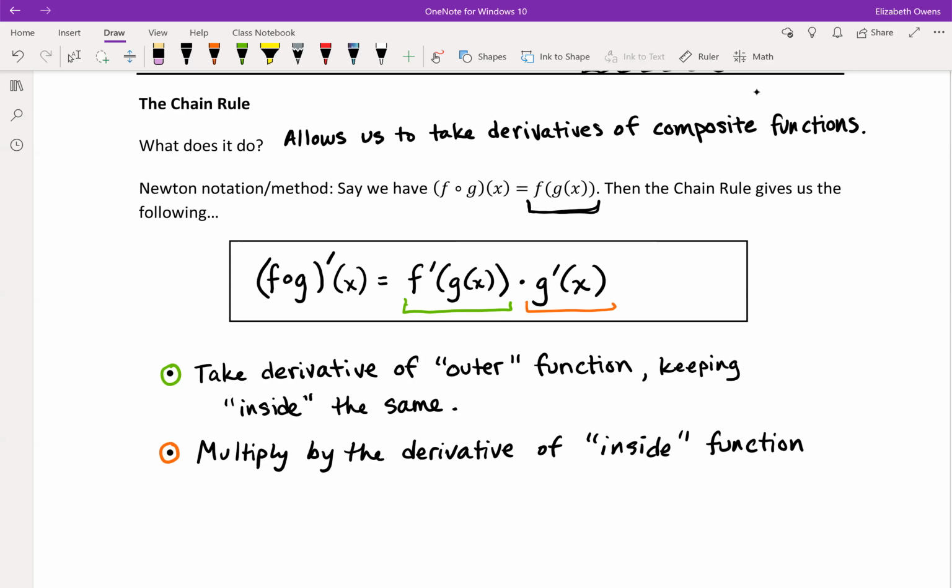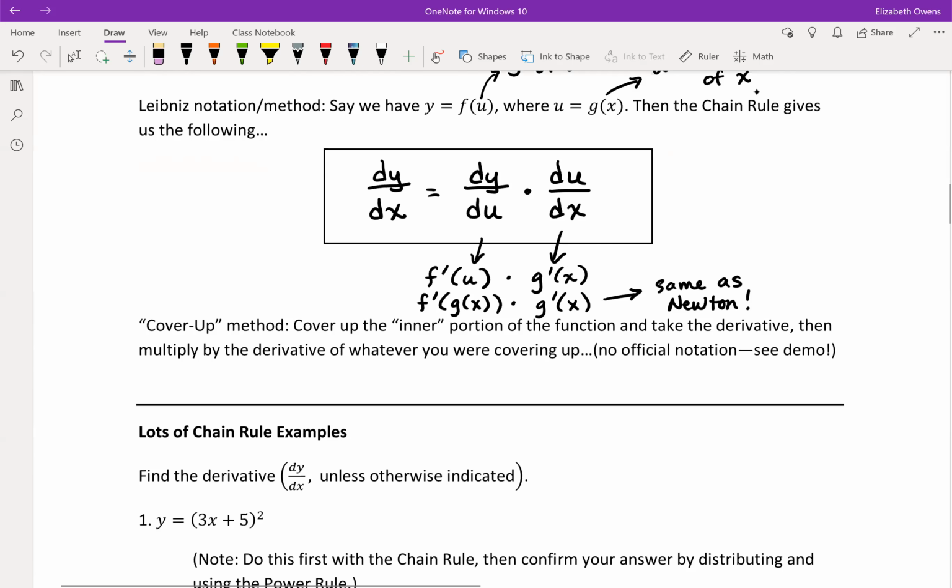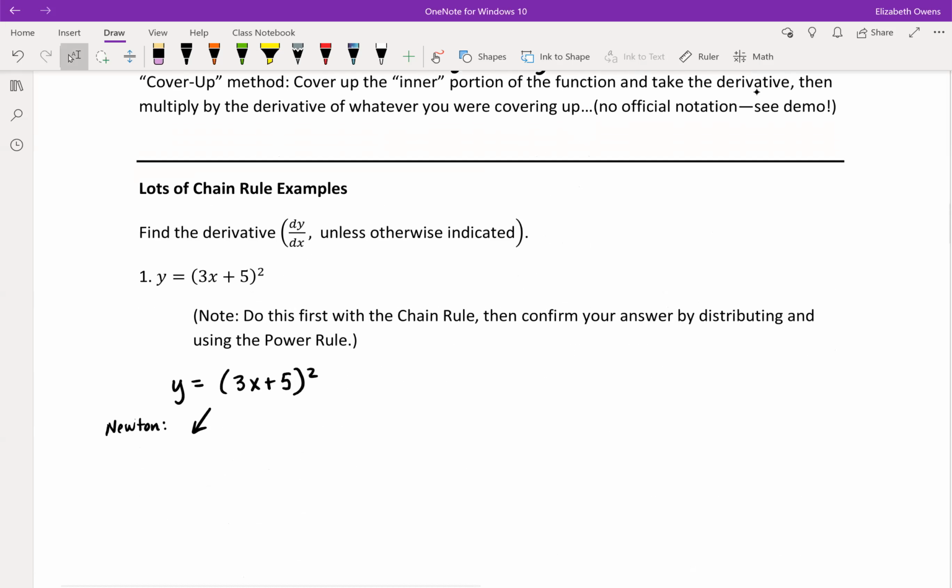So g of x is on the inside, f is on the outside. So our g of x portion, the part you might see as being the inside of this function, is 3x plus 5. That's inside the parentheses. It's what's getting squared. That's our g of x. So g of x equals 3x plus 5.